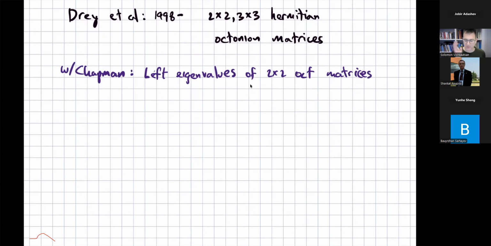So again, I'm talking about Octonion algebras, which are division algebras. And so we have some matrix A, B, C, D with entries from this algebra.